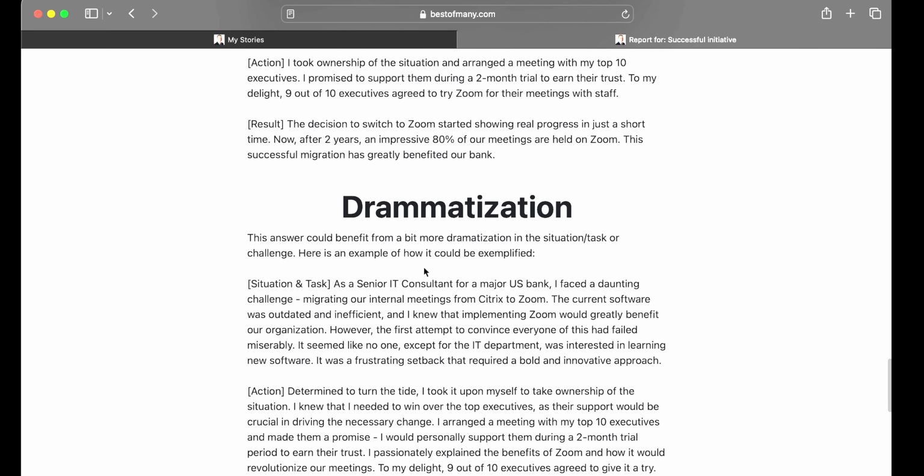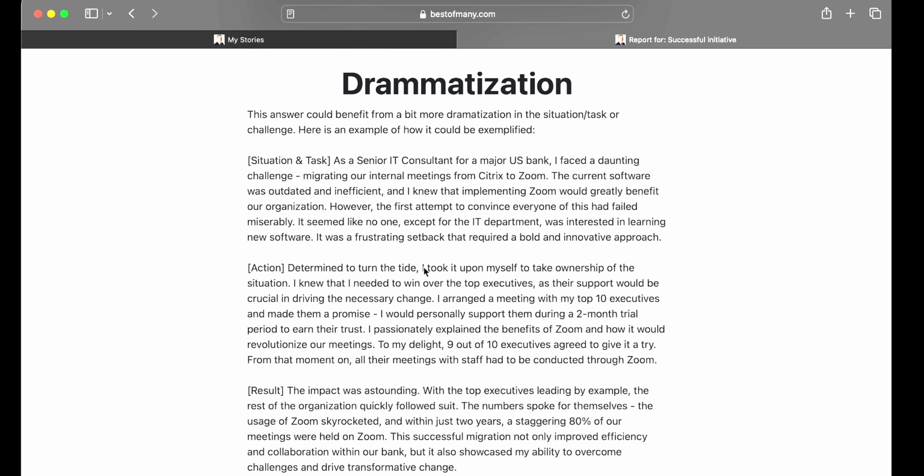Next one, dramatization. One problem with interview answers, especially from people who prepare for job interviews, is that their answers tend to be a little static and not interesting at all. So if you dramatize a little bit on the challenge or on the task, they will sound far better. In this example, at the beginning of the action: determined to turn the tide, I took it upon myself to take ownership of the situation.